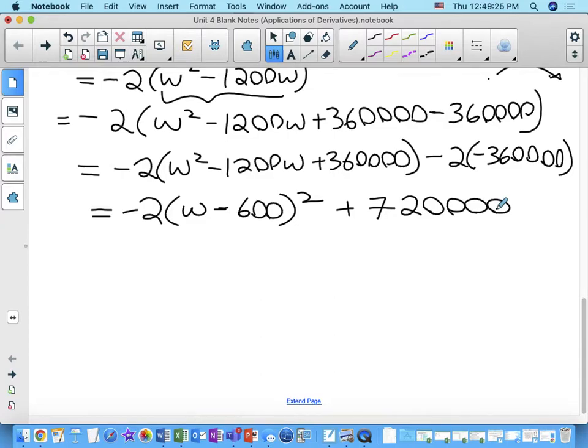I know that it is a parabola, and the x-coordinate of the vertex is 600. The y-coordinate of the vertex is 720,000.